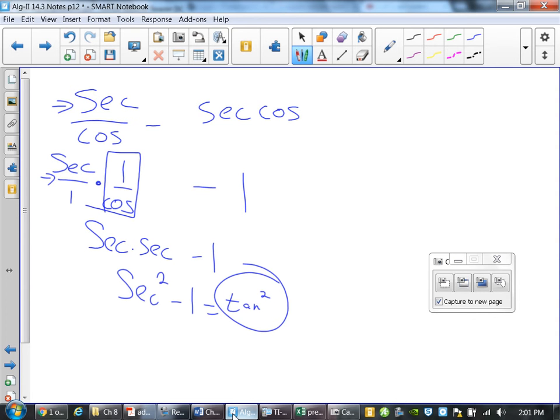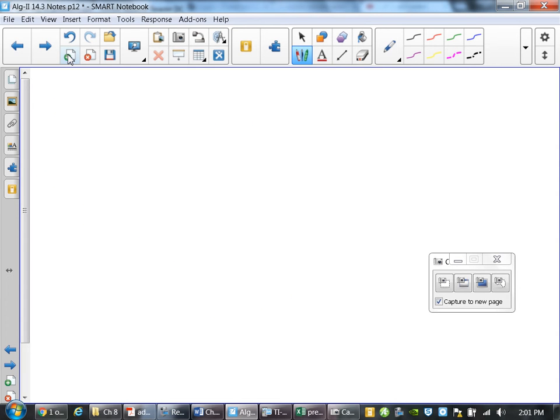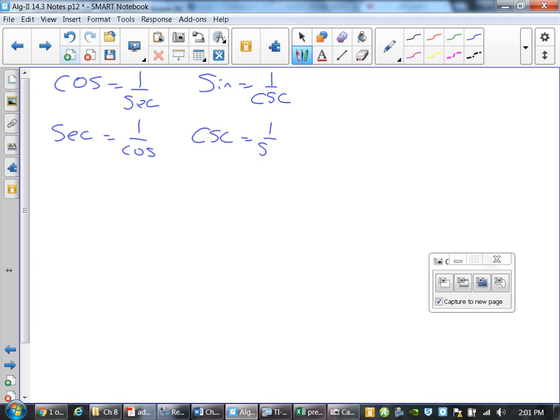First thing is extremely important. Before we do anything else, let's make sure that we have all of our stuff written out with the reciprocals. Cosine is 1 over secant. Secant is 1 over cosine. Sine is 1 over cosecant. Cosecant is 1 over sine.